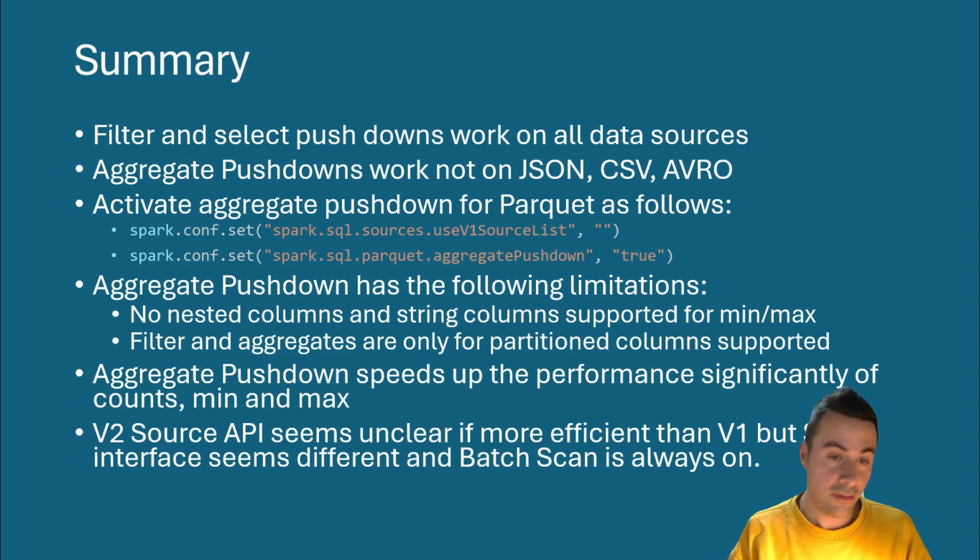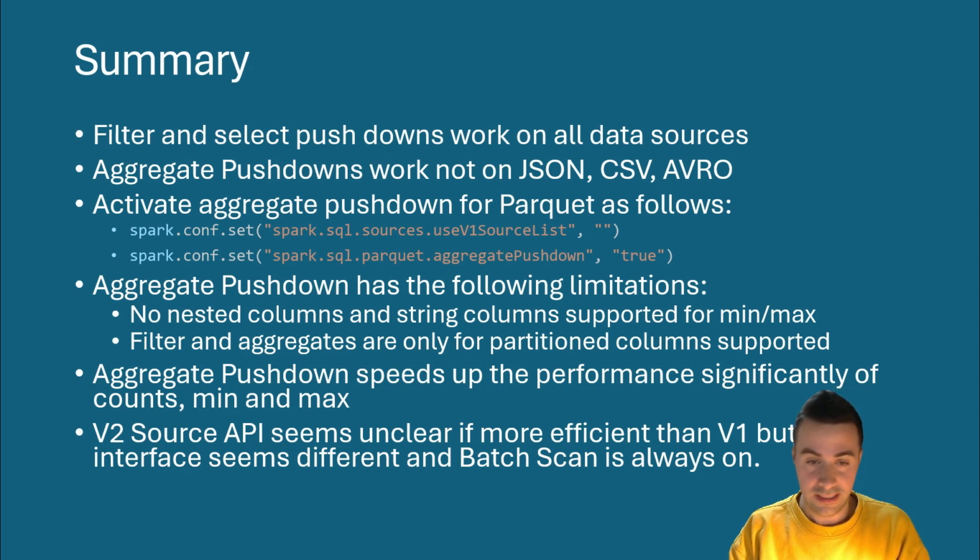Aggregate pushdown can speed up your performance significantly. We saw already in our small files around 50%, or even 60 to 70% if we looked at the codegen stage, in performance improvement, and that's pretty cool. Regarding the data source API v2, it seems a little bit unclear if it's more efficient than v1 in our experiments.